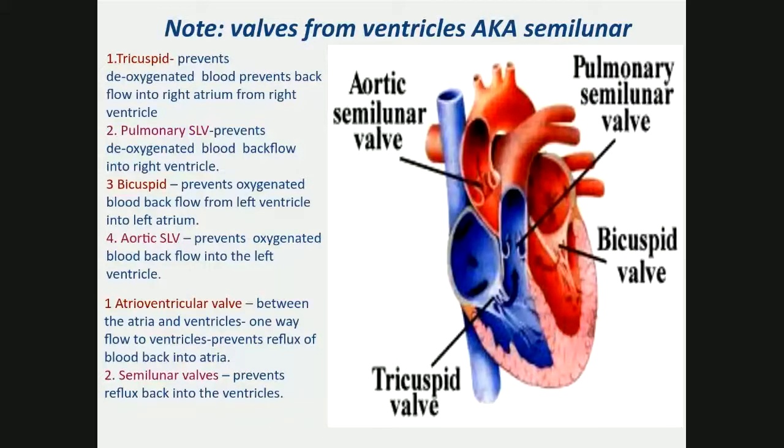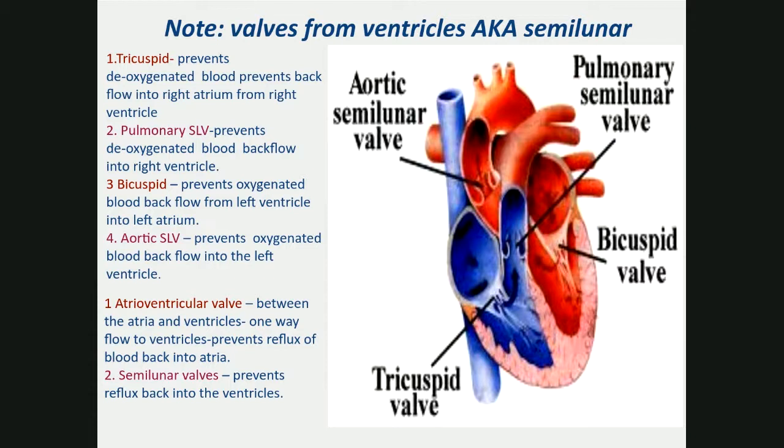So make sure we understand the 4 valves that exist, and also what kind of blood is flowing through each of these valves, whether it's oxygenated or deoxygenated, what the valve is preventing, and what the 2 chambers are that are connected to those valves.